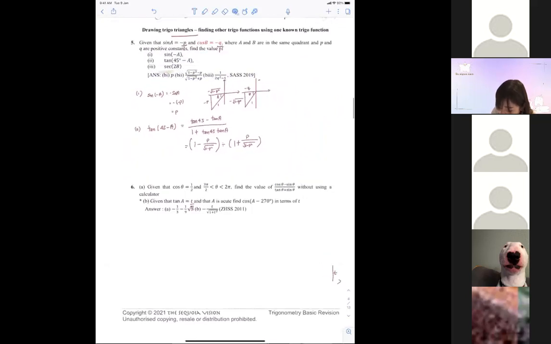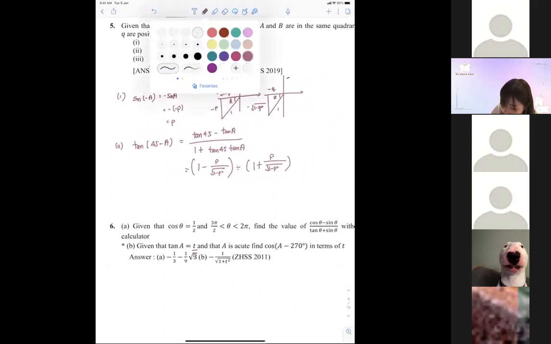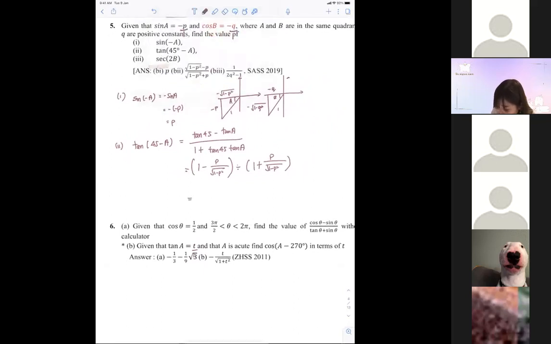Okay, then this will be square root of 1 minus P squared minus P over square root of 1 minus P squared. This will be square root of 1 minus P squared plus P over square root of 1 minus P squared. This is over 1 over 1. I times the denominator to the top and bottom.